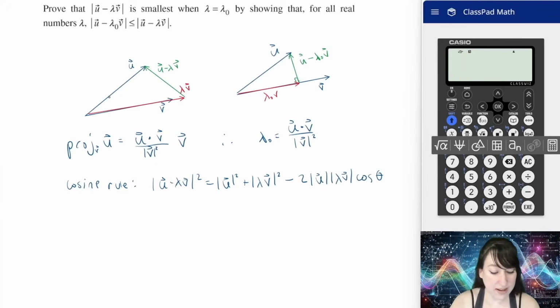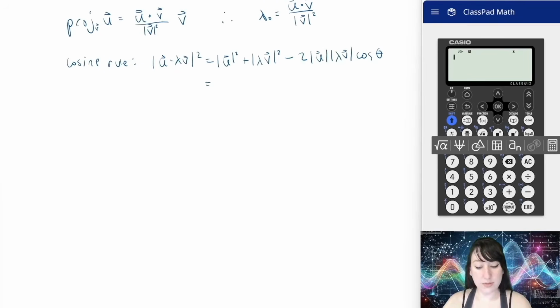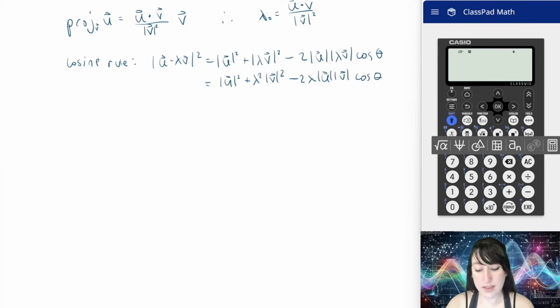We'll call that theta. So we can pull a scalar out of a length or absolute value of a vector. So this will become the length of u squared plus lambda squared times the length of v squared minus 2 lambda times the length of u times the length of v cosine theta.